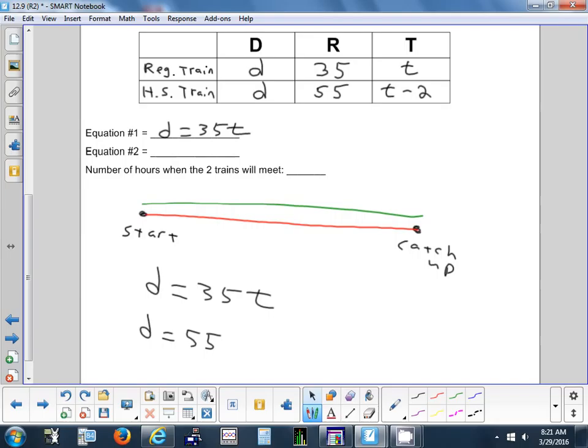T-2. It's T-2. And what symbols do you think I need to use when I plug that in? Yep. Parentheses. Yes, we're going to use parentheses, because we're going to have a distributive property. And that's equation 2. So D equals 55 times (T-2).